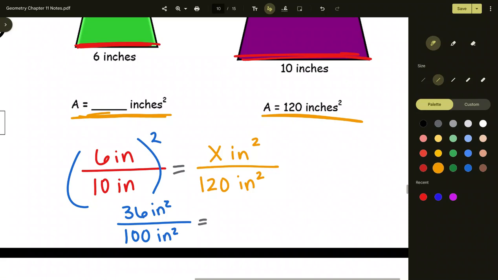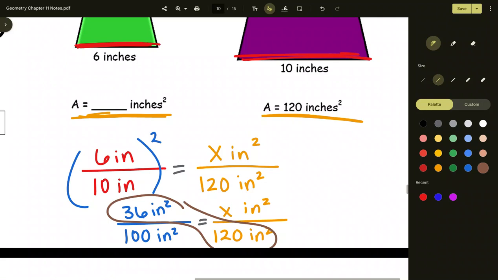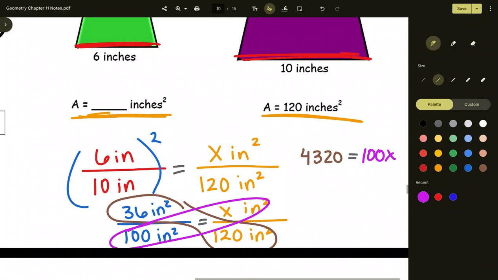And then those would still be the same as x inches squared over 120 inches squared. And then we cross multiply. So I'm going to do 36 times 120, and I get 4,320 inches squared when I multiply those together. I'm going to set that equal to 100 times x, which would just be 100x.